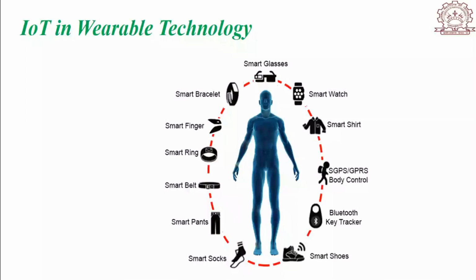That information will come to the mobile phone: your blood pressure is this, your sugar level is this. The parameters we measure for health conditions can all be measured from wearable technology also. So this kind of smart wearable technology will increase.